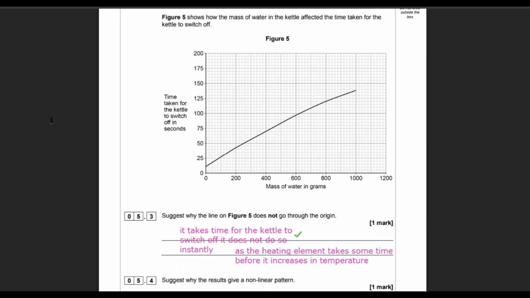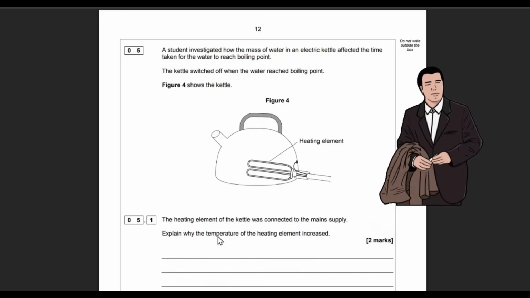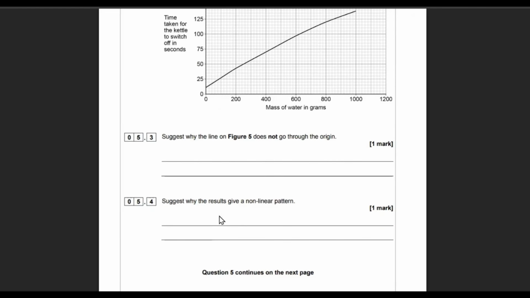Now, the next question, folks. Suggest why the results give a non-linear pattern. So as the mass increases, the time taken for the kettle to switch off takes a bit longer. It's not as rapid at switching off. So it's taking longer and longer for the time to switch off.